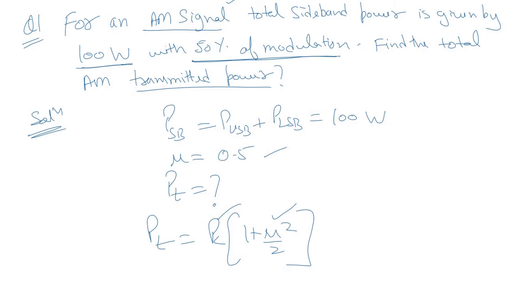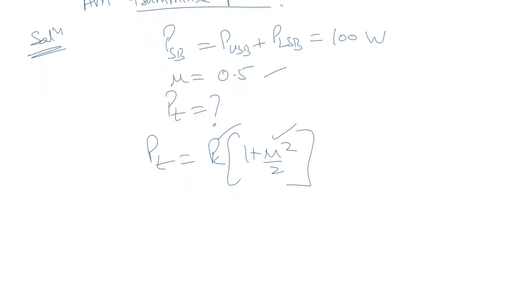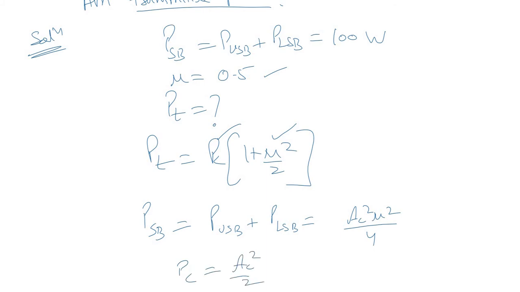Now we know that the total sideband power PSB is equal to the power of upper sideband plus the power of lower sideband, and that in total results into AC square mu square by 4, and PC, the power of carrier, is nothing but AC square by 2, right?